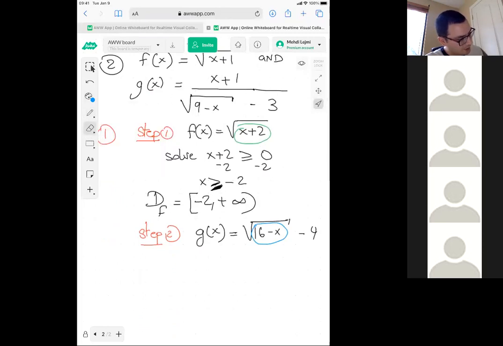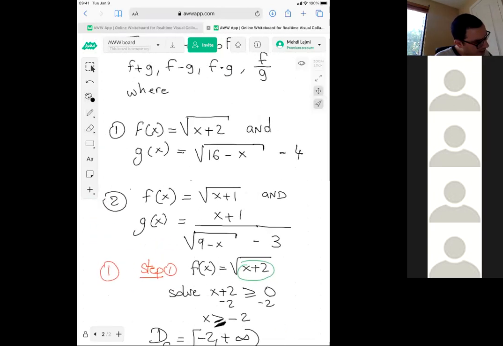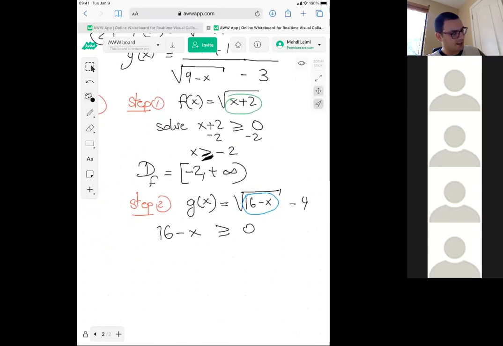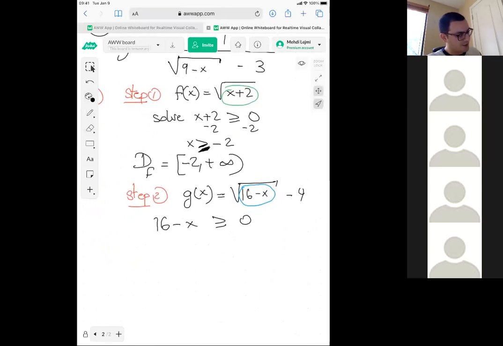So you have to solve 16 minus x larger or equal to 0. Okay, again, I messed up. I thought it was 16 plus x minus 4. No, minus. Sorry, yeah. So it's 16 minus x larger or equal to 0.